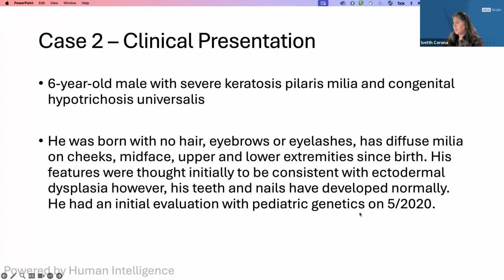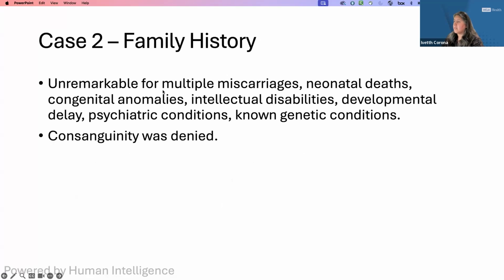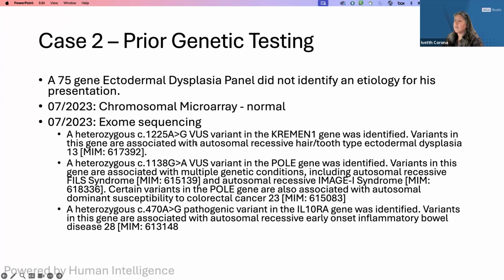There was no family history of that, and consanguinity was denied. And there was some testing prior to the UDN. He had done a 75 gene panel for ectodermal dysplasia that was negative.